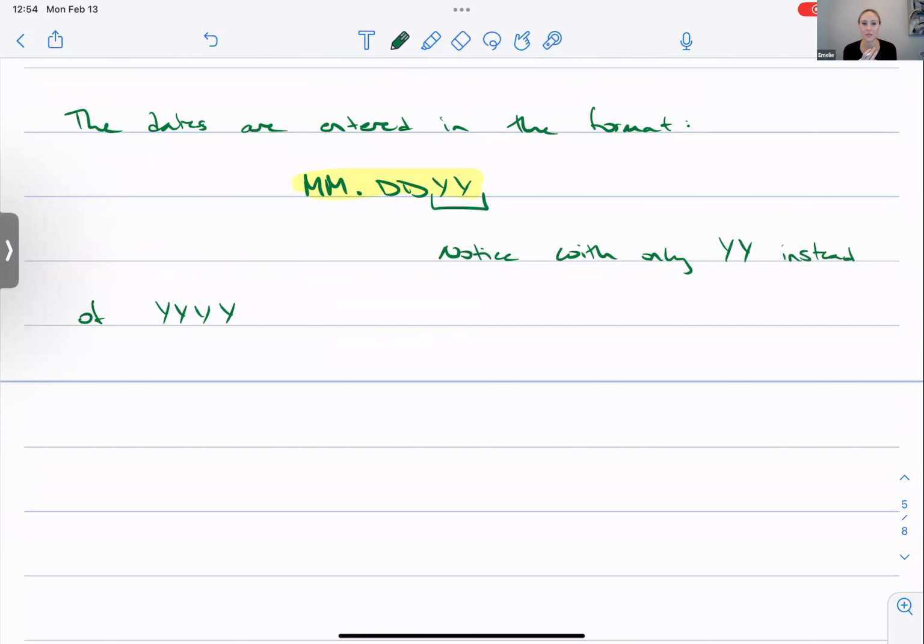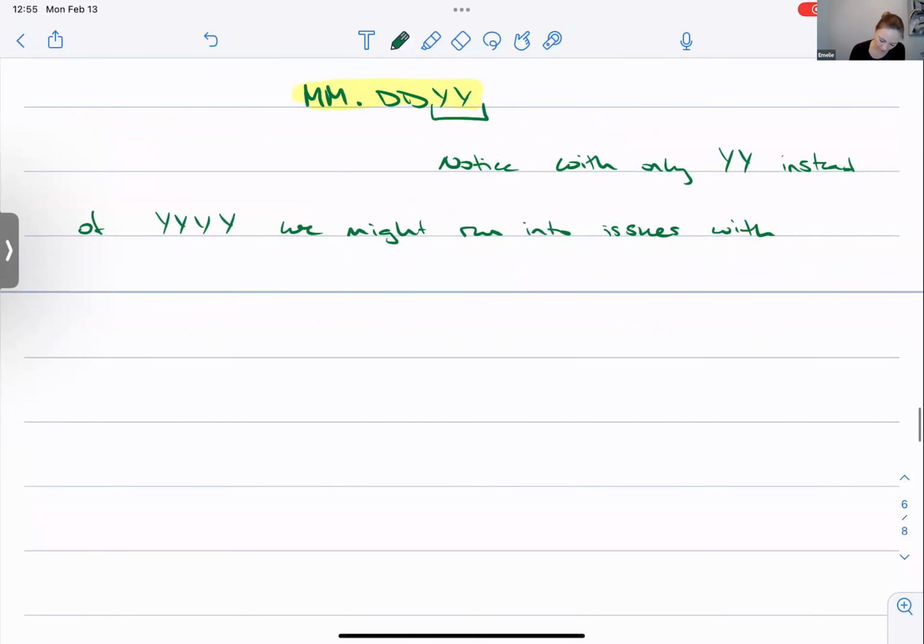We might run into issues, right? We might run into issues with, for example, 1910 versus 2010.